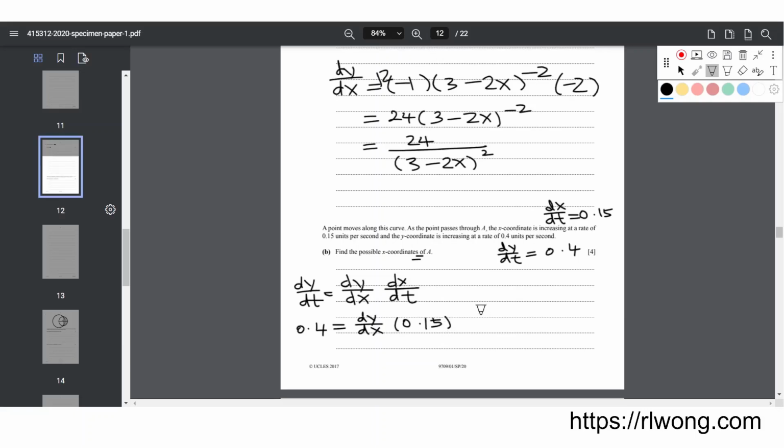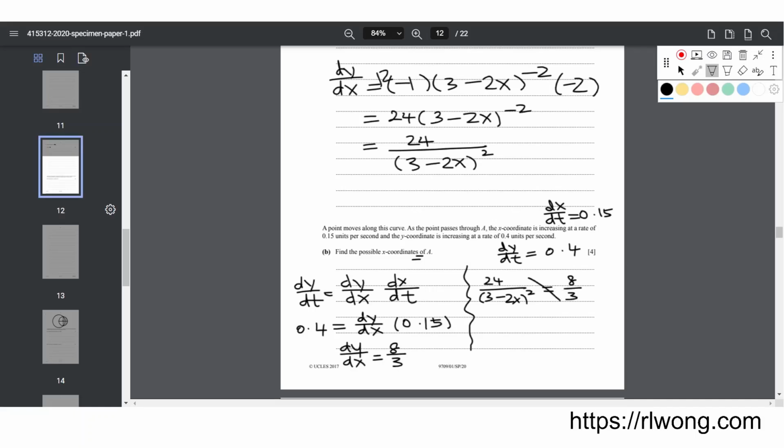So therefore dy/dx is equal to 0.4 divided by 0.15, which gives me a value of 8 over 3. Now, I know that dy/dx is equal to 8 over 3 at this point A. I also know that dy/dx takes this formula here. So I will take dy/dx, which is 24 over (3 minus 2x) squared, equal to 8 over 3.